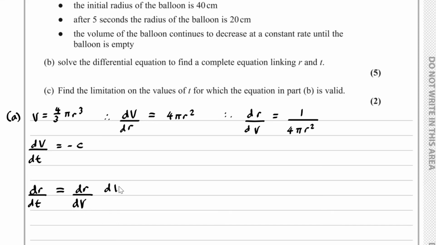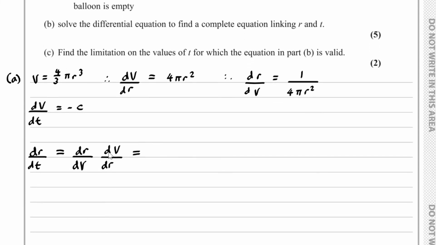It's as though these dV's cancel out. So we have dr over dV, that's 1 over 4 pi r squared multiplied by dV over dt, which is minus c.